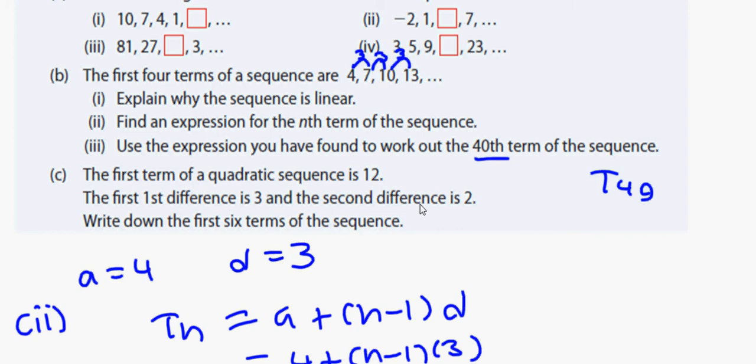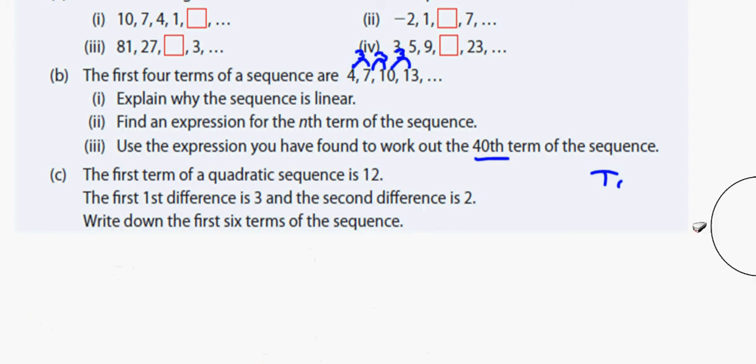Now, the first term of a quadratic sequence is 12. Now, if a sequence is quadratic, the second difference is consistent. If the first difference is 3 and the second difference is 2, write down the first 6 terms of the sequence.